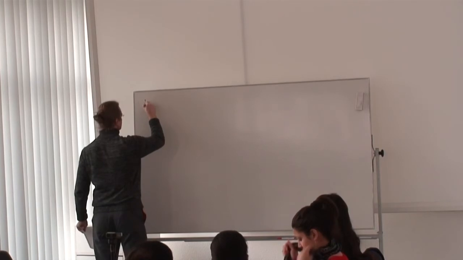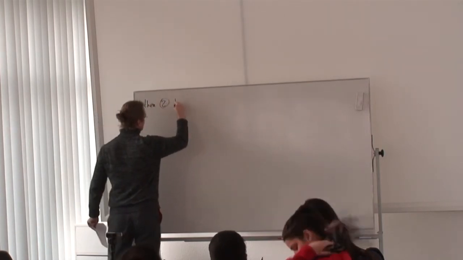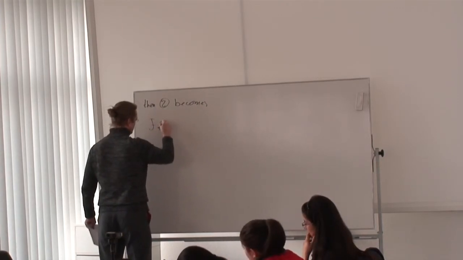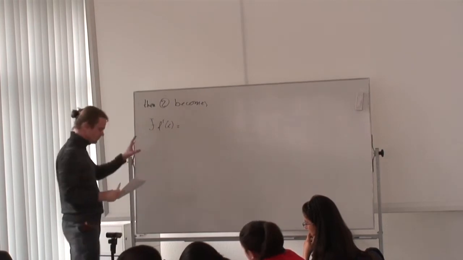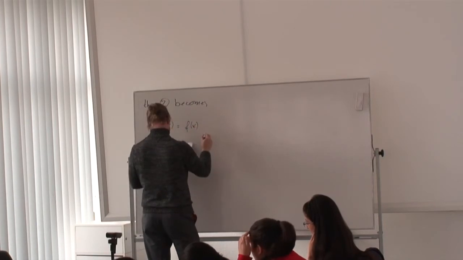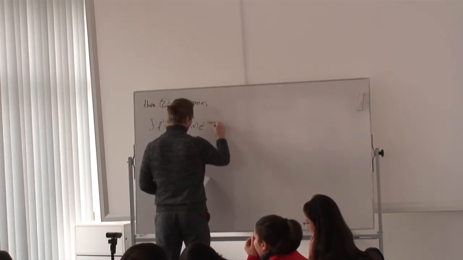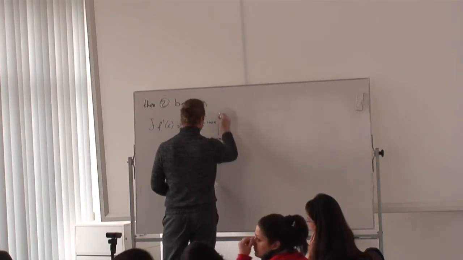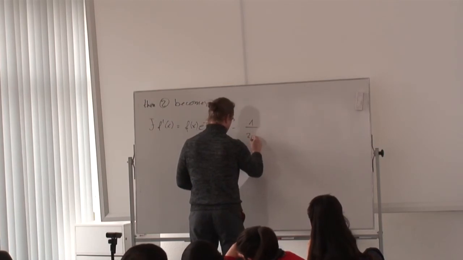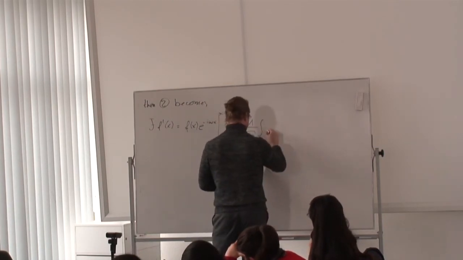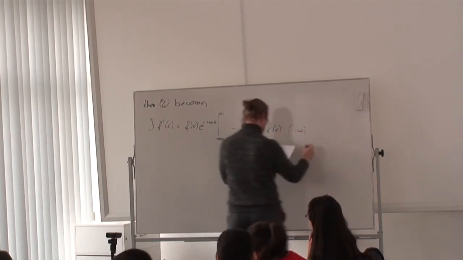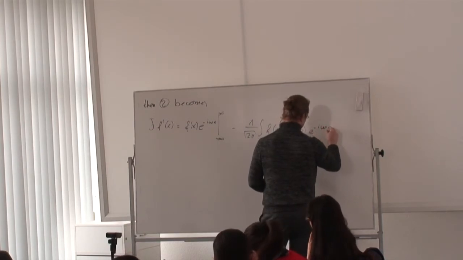With this substitution, equation 2 becomes, so we are interested in the Fourier transformation of f prime of x, and with what we just did, we find that we can express it as f of x e to the minus i omega x evaluated from minus infinity to infinity, minus 1 over square root of 2 pi times the integral of f of x times minus i omega e to the minus i omega x dx.